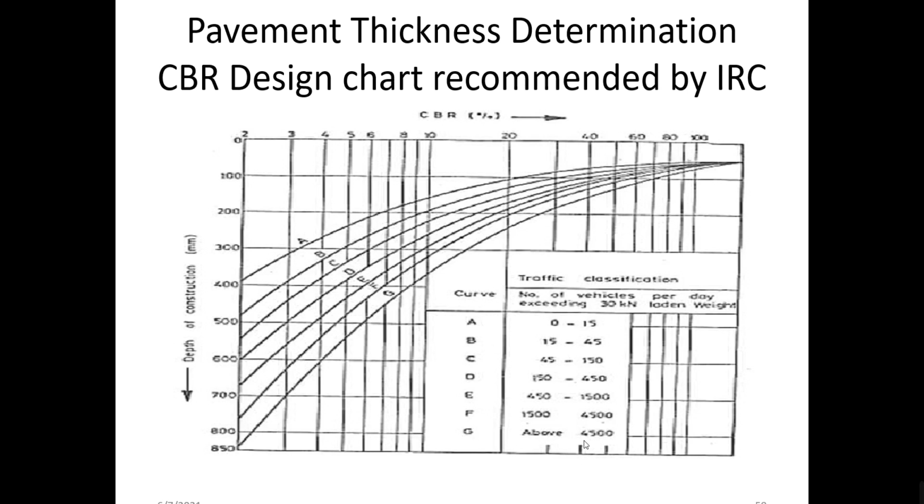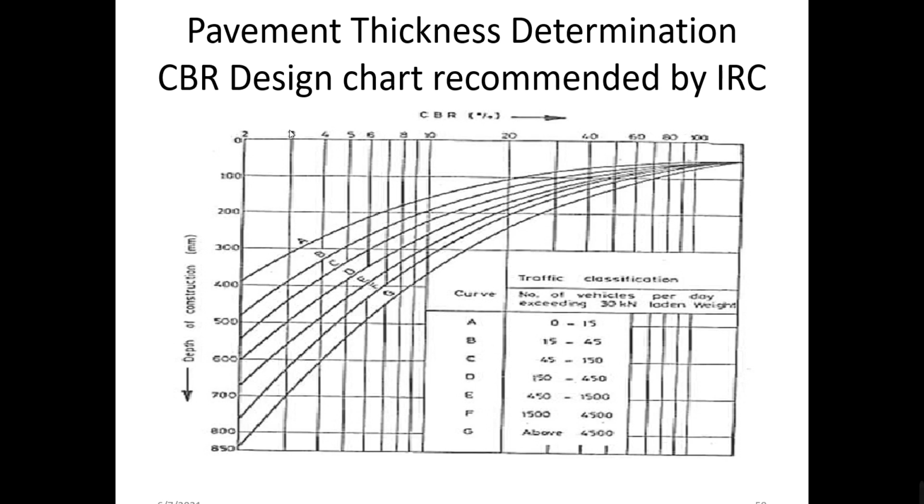But these 4500 vehicles should exceed the laden weight of 30 kilonewton. 30 kilonewton means at least a minimum of 3 tons or greater of load has to be ascertained for counting the traffic that could be coming over the road surface, based on the different design curves, with respect to the different values of CBR in percentage.